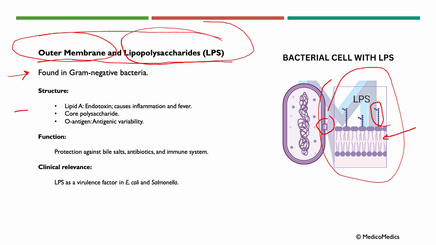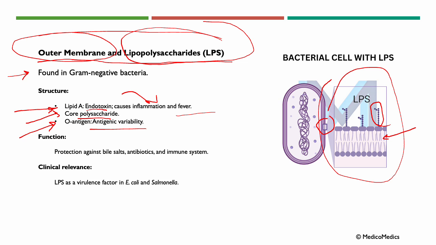Now, the structure is lipid A, which, if you remember, was an endotoxin that causes inflammation and fever. It has a core polysaccharide and an O antigen, so it has antigenic variability.